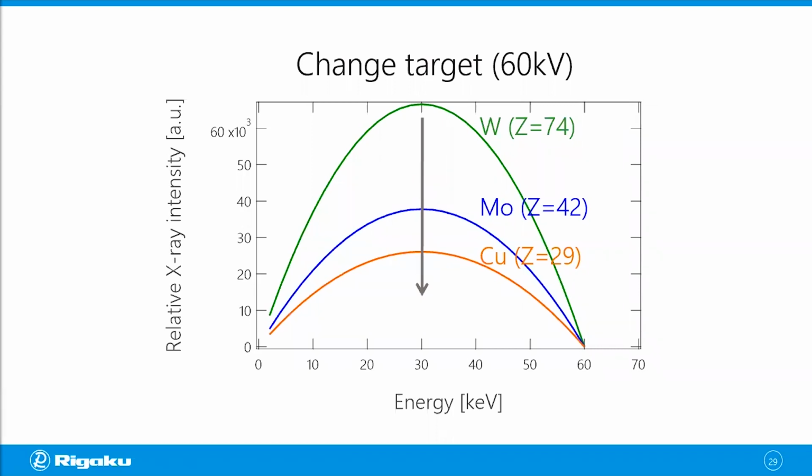When you use lower atomic number metals as a target, because you have fewer electrons, you lose X-ray intensity. But peak energy doesn't change, so it doesn't make any sense to change the target material to those lighter metals. So tungsten is a good target to use if you're going to use Bremsstrahlung radiation, and that is why tungsten is one of the most widely used X-ray target materials.